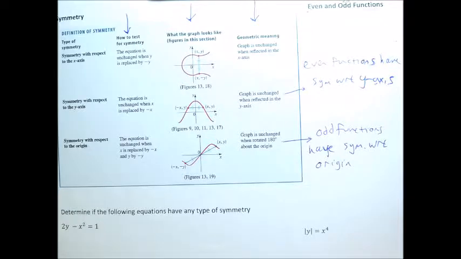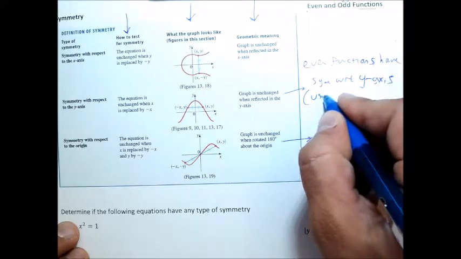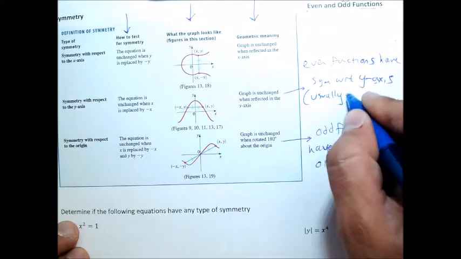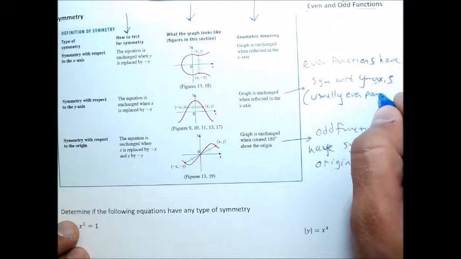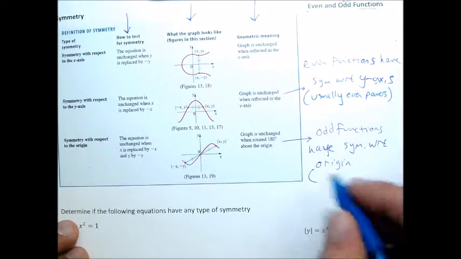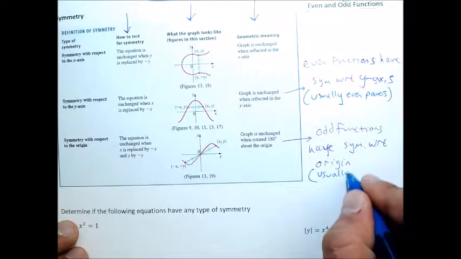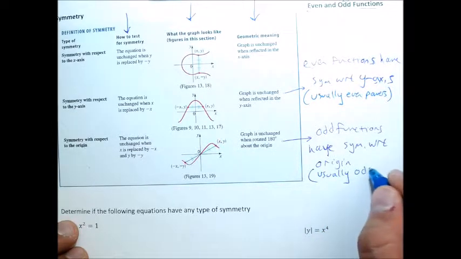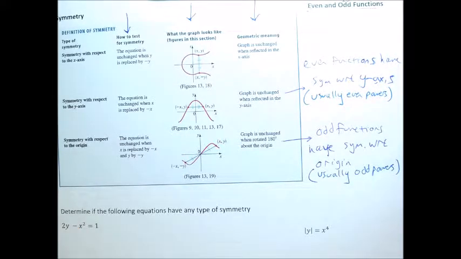There's another reason they're called even and odd, which is that even functions usually have even powers and odd functions usually have odd powers. I say usually because it's not always the case. Let me rephrase that.